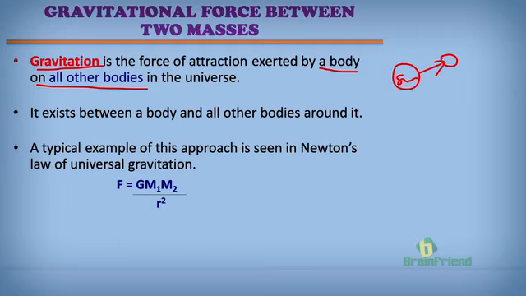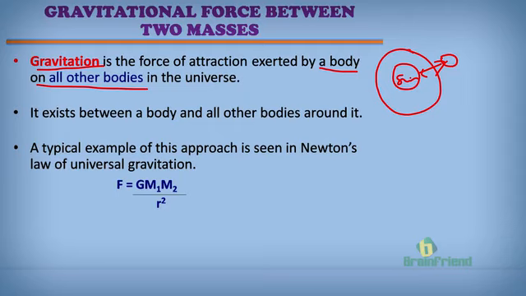Earlier on, I explained what a gravitational field is. Now, if this is the Sun and this is the Earth here, the space between them is where the gravitational field lies. Because the Sun is able to exert a force around this field, it is able to attract the Earth to itself.